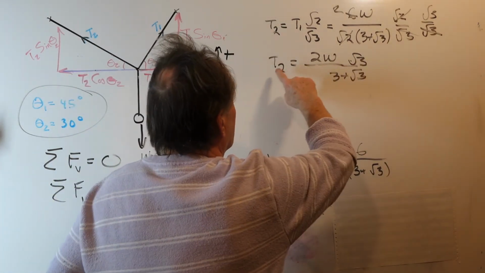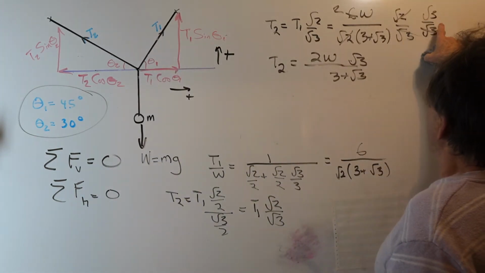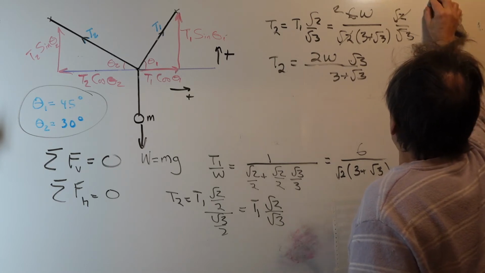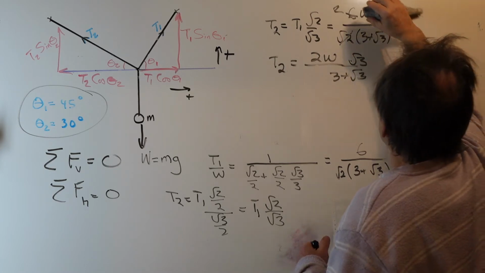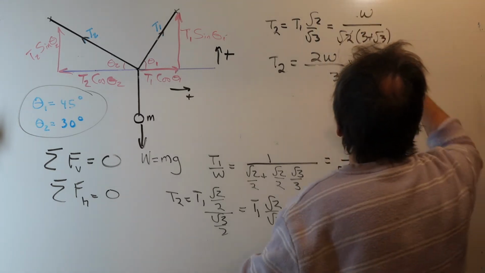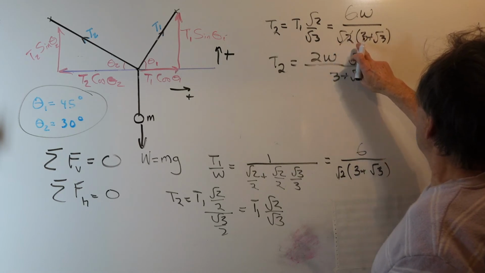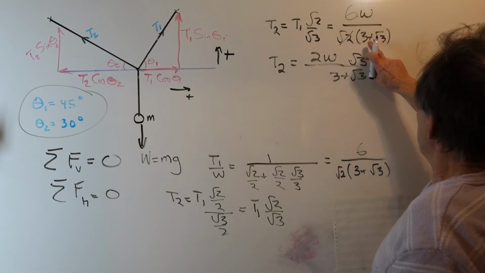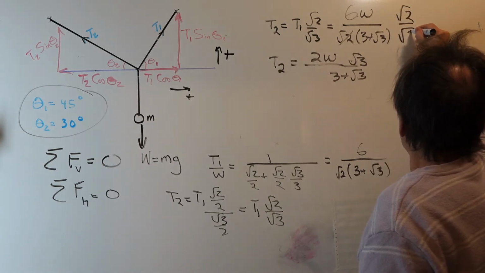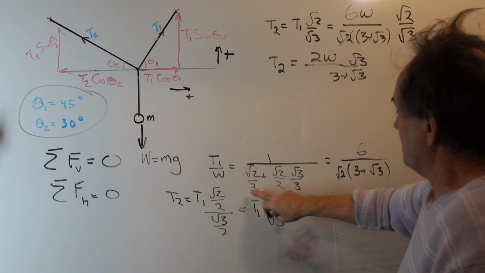We could also have written T2 differently. Rather than multiply numerator and denominator by square root of 3 as I did here, we could have started off in this fashion. We had 6W over square root of 2 times 3 plus square root of 3, and that is multiplied by square root of 2 divided by the square root of 3, T1.